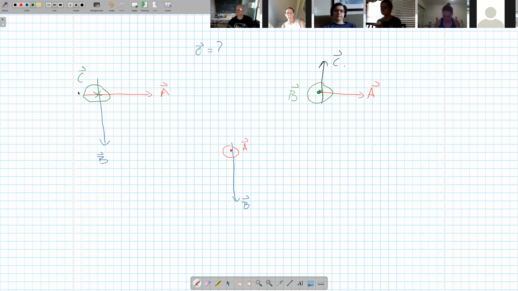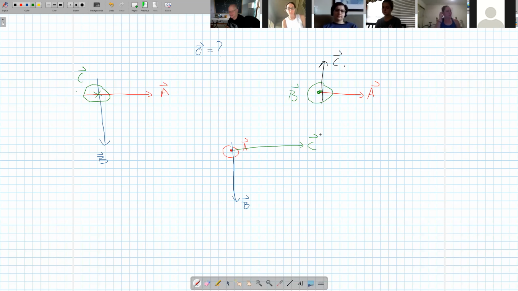Who wants to be brave? Would it be pointing to the right? Good, that's right. So in this case, we know that C has to be pointing this way.